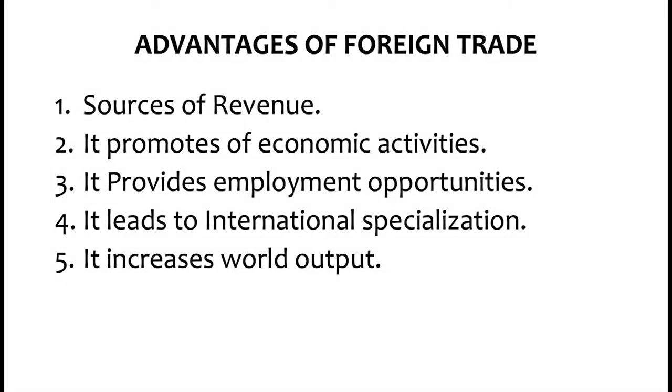Number four, it leads to international specialization. From the beginning, when we were talking about the meaning of international trade or foreign trade, we talked about the principle underlying this type of trade. And we say the principle underlying this type of trade is what is known as specialization.